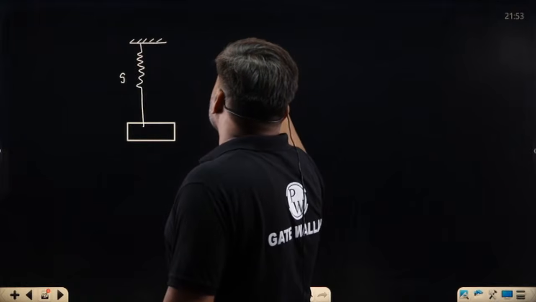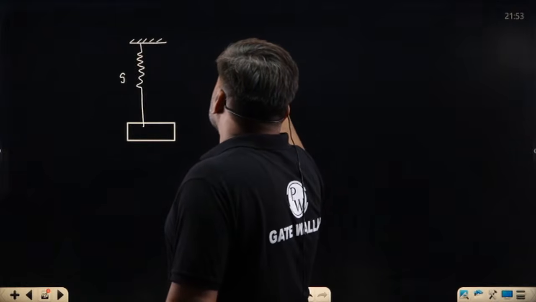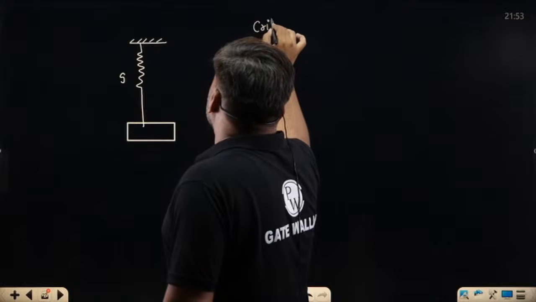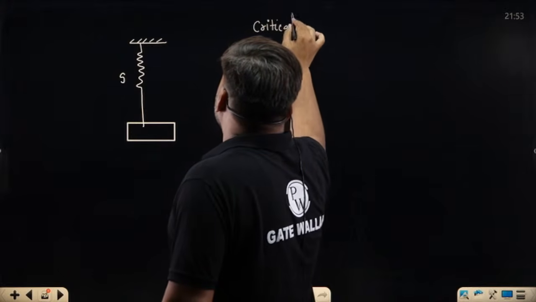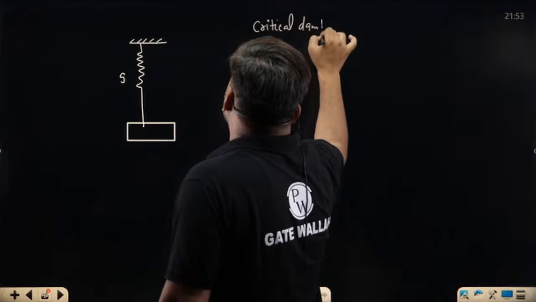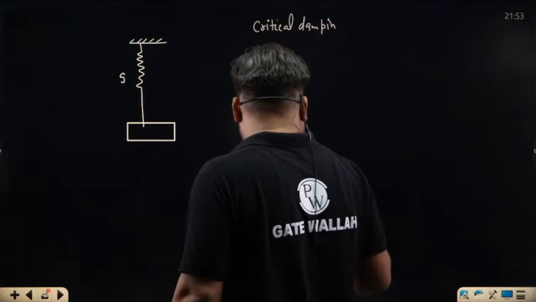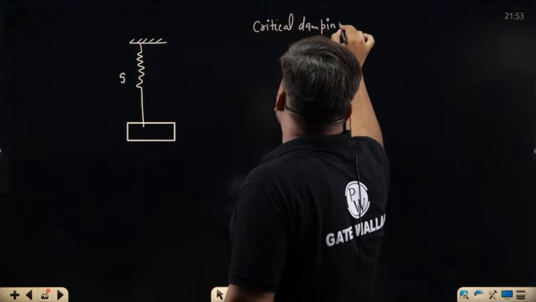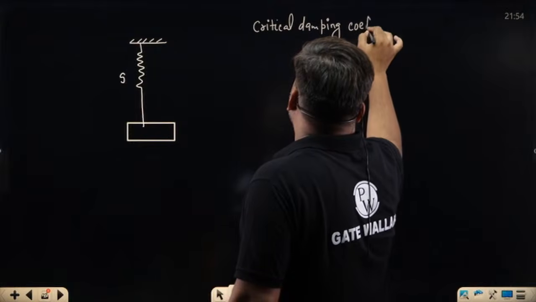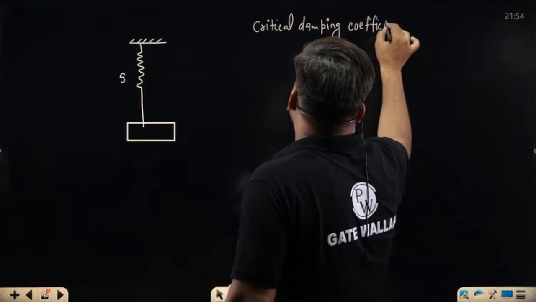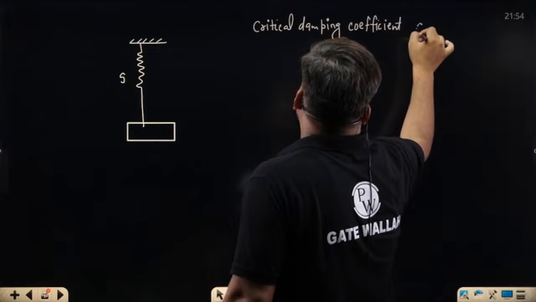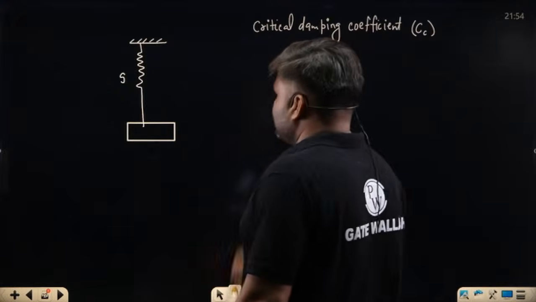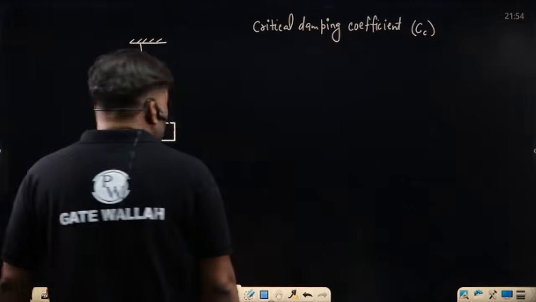How do I get this value? That critical damping coefficient, we represent this by Cc. What does it mean?